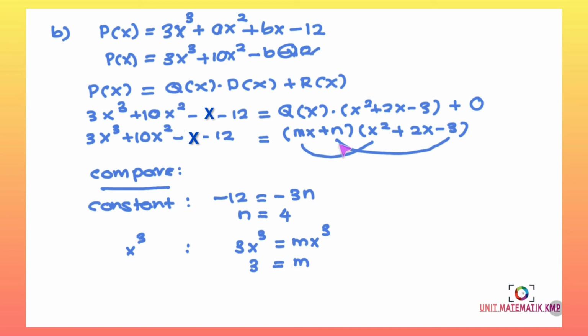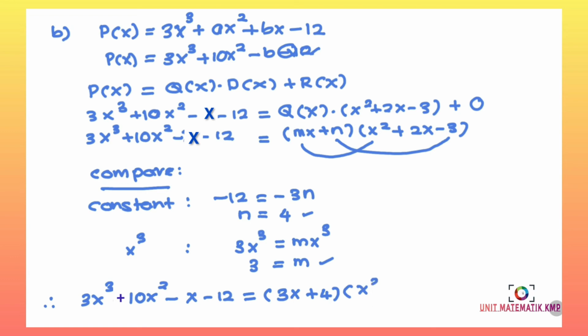So substitute back into the expression of q(x) here. We have 3x^3 plus 10x^2 minus x minus 12 is equal to mx plus n. So what is m? m is 3, so 3x, n is 4, so plus 4, times the given divisor x^2 plus 2x minus 3.